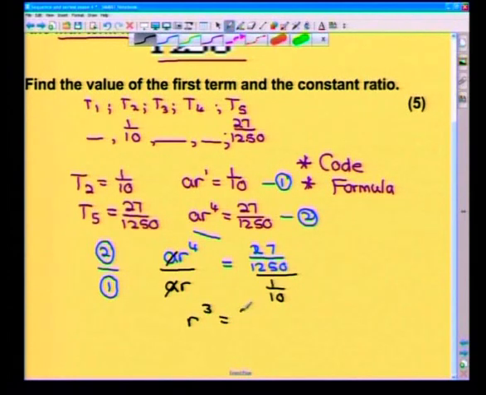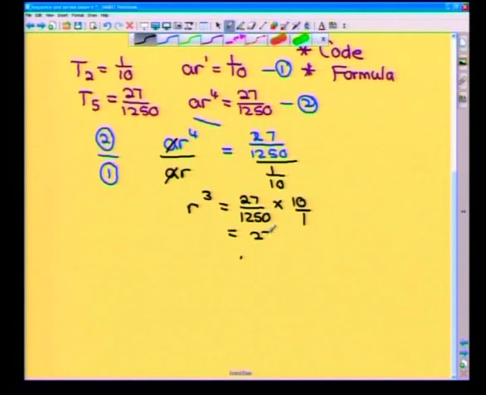And this we can use our calculator for, but I'm going to be good and do it manually. Remember, if we're dividing by a fraction, we tip it and multiply, so it's going to become 10 over 1. And if we work that out, we're going to get 27 over 125.